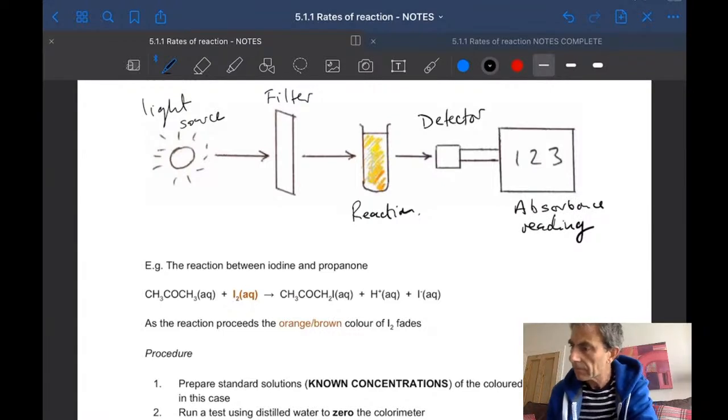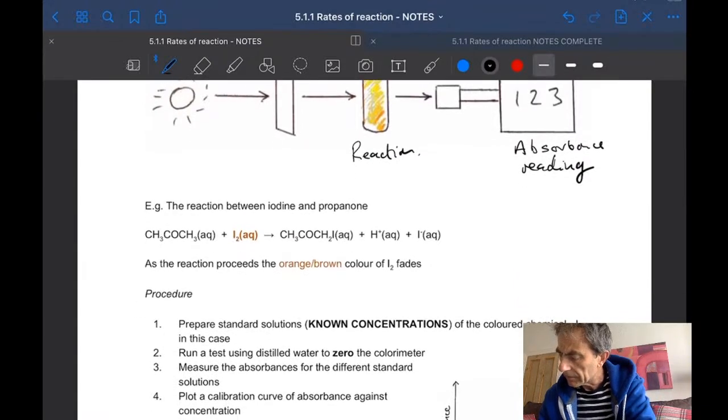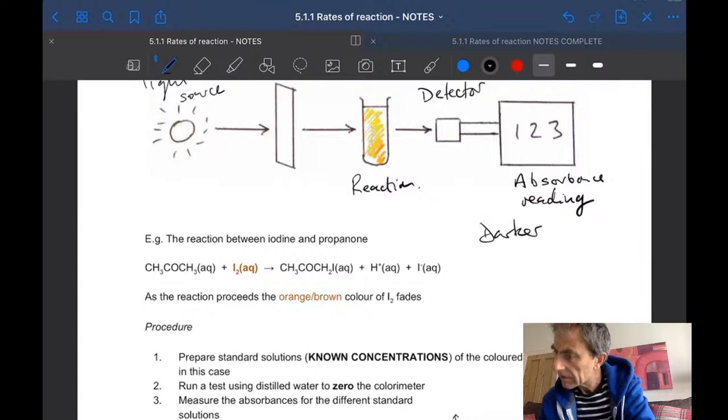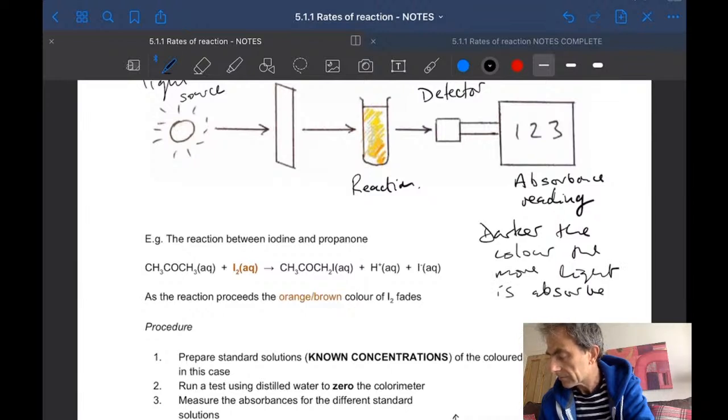Basically, the higher the concentration of the substance that has colour in there, the more light will be absorbed. So we'll write that in there. The darker the colour, the more light is absorbed, and obviously less passes to the detector as a result.